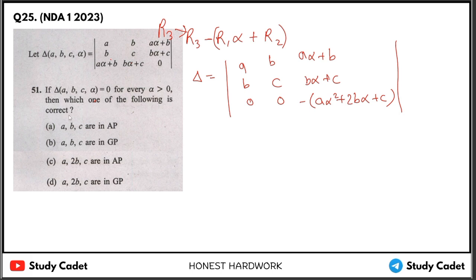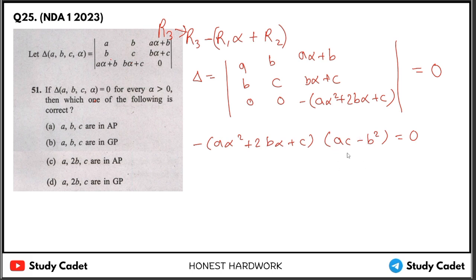Which one of the following is correct if it is 0? So the value of the determinant will be minus, A alpha squared plus 2B alpha plus C, into AC minus B squared, equal to 0.